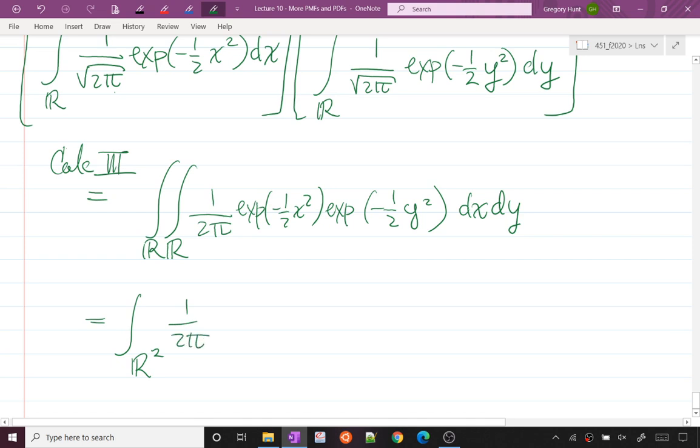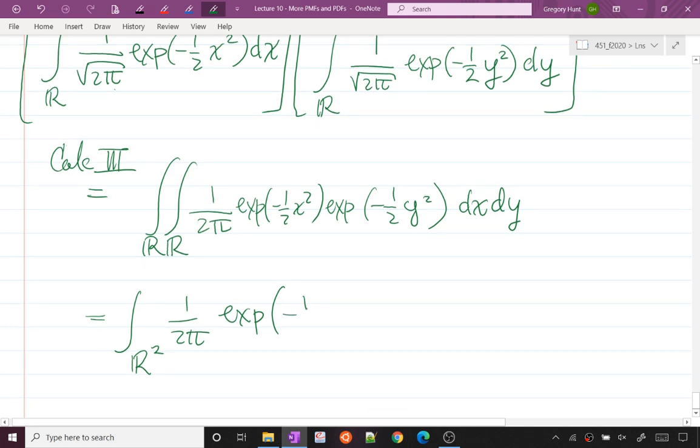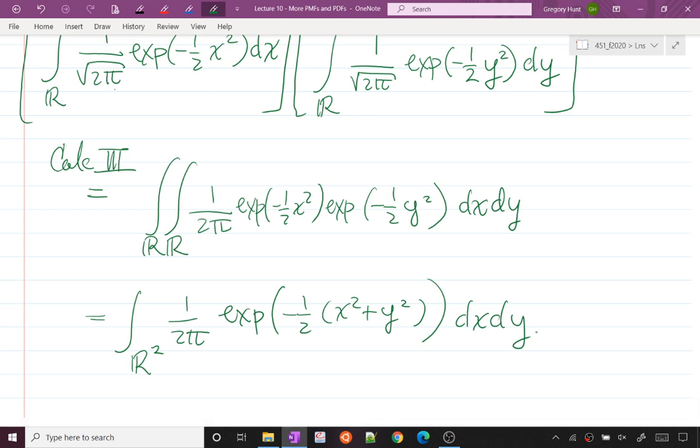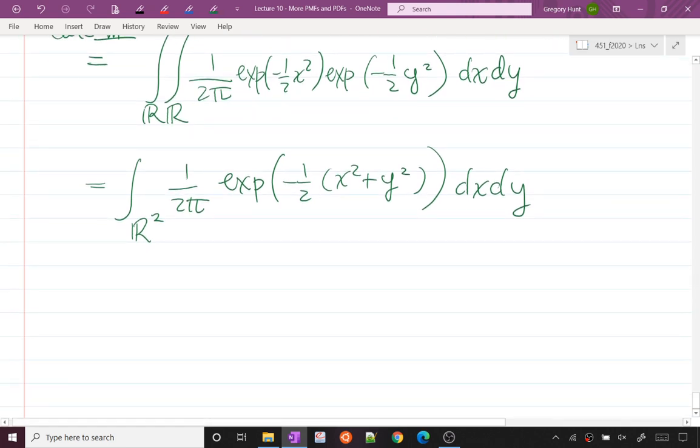I can use some rules of exponentiation and combine these exponents. The multiplication of two exponentials is the exponential of their sum. So this goes into negative 1/2 (x squared plus y squared) dx dy. Okay, I've just made the problem a lot more complicated, it seems. But I'm not done. There's more. So let's make this more complicated until we see the nice trick at the end.